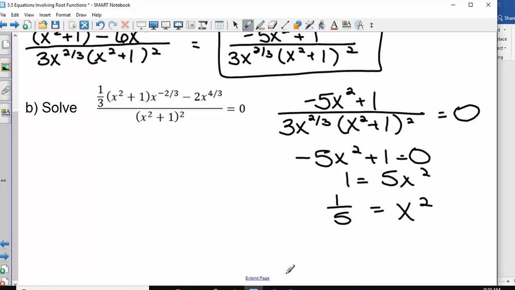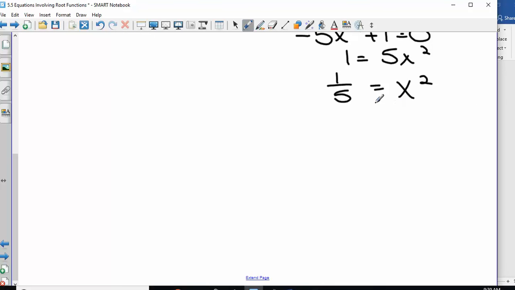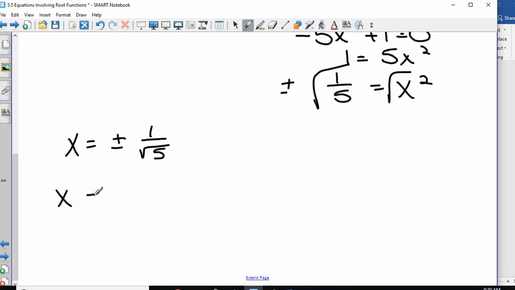How do you get rid of the square? Square root, plus and minus. Square root of 1 is 1 over the square root of 5. Can I leave my answer like that? No. Multiply by radical 5 on top and bottom, you get plus and minus radical 5 over 5.